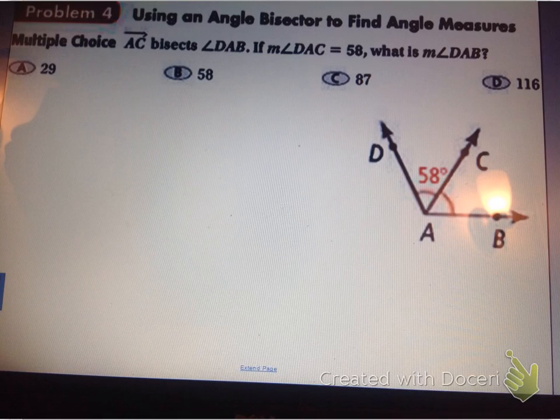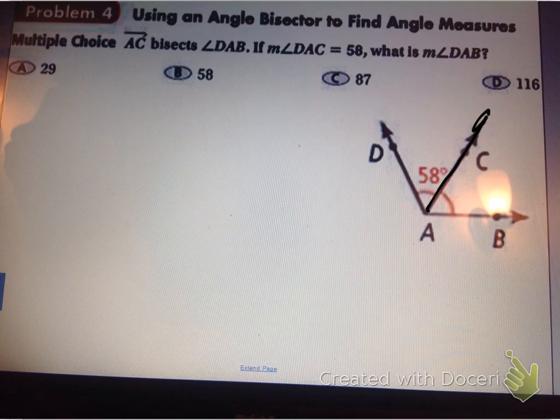Okay, and then last but not least, problem 4, multiple choice question. It says that ray AC bisects angle DAB. If the measure of angle DAC equals 58, what is the measure of DAB? Alright, so this is a pretty straightforward problem here. Here is ray AC. It bisects DAB.